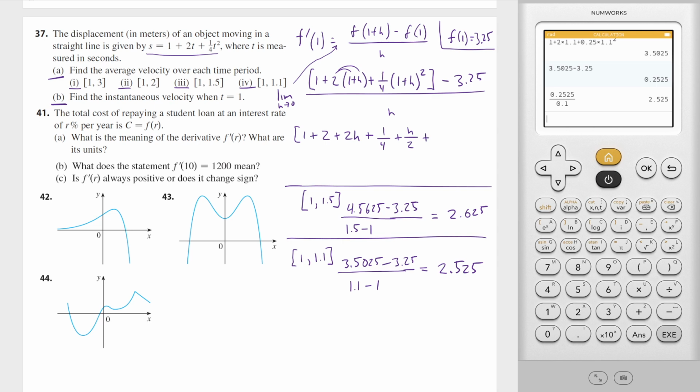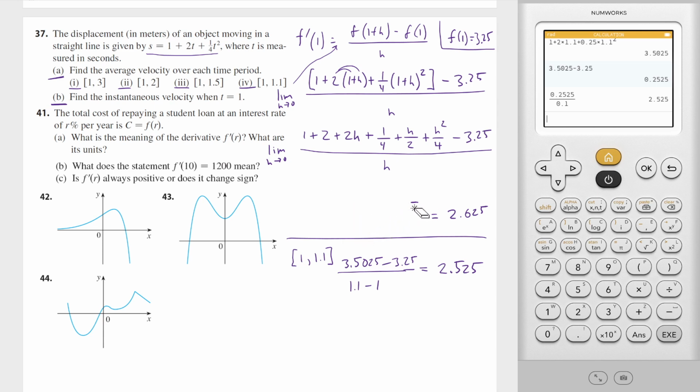And then h squared becomes h squared over 4 when I multiply by a 4th. And this is all subtracting 3.25. Okay, and that's all over h. And this, once again, is the limit as h goes to 0 of all that. Yeah, we're looking kind of intimidating here, but with some persistence, we can definitely get there.